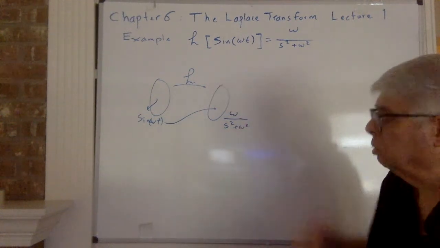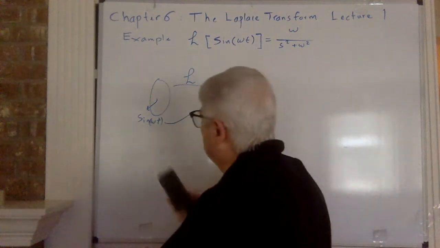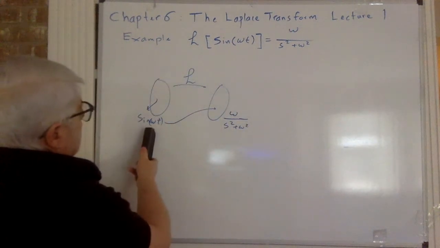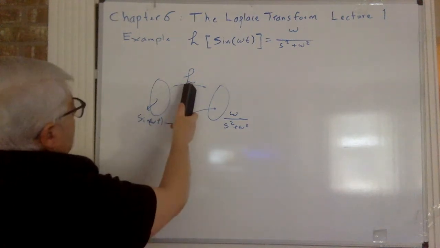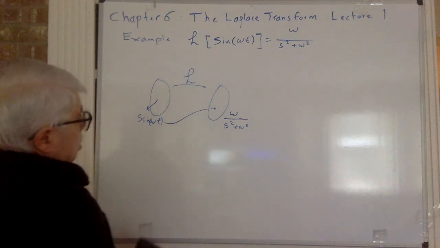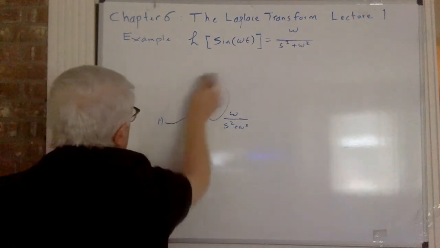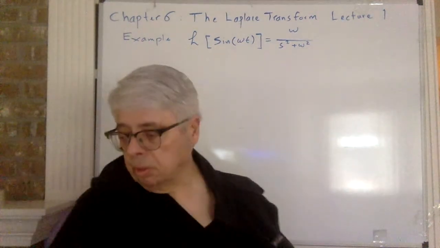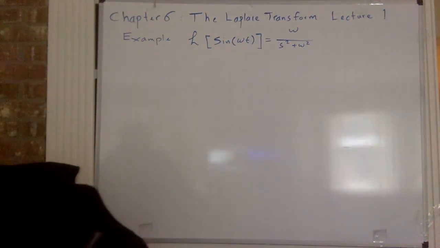So this is one function space, this is another function space, and it seems that this transcendental function, when we apply this transform to it, gives me a simple rational function. Well, you can find a Laplace of cosine, but let me write that for you.